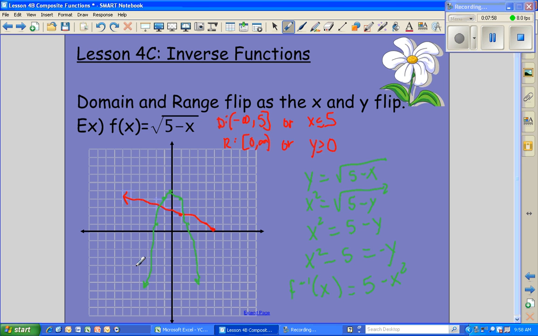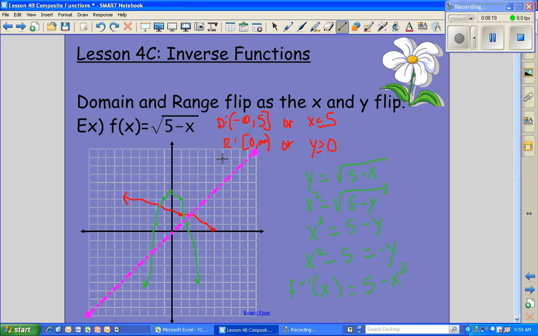Okay? Now, I told you before that in order for two functions to be inverses of each other, they have to be a reflection over the line y equals x, and that's that purple line there.